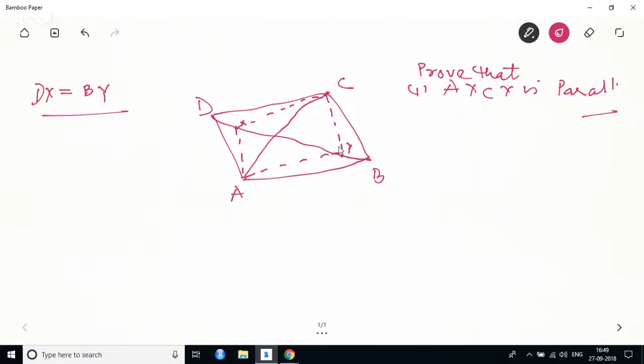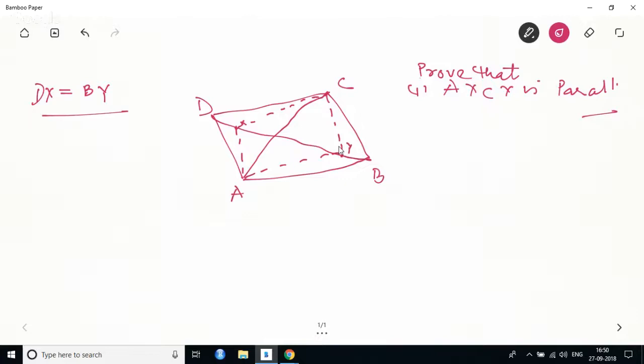The second thing we can prove is that XY, which is a diagonal, is making two congruent triangles. The first theorem that we discussed is that the diagonal of a parallelogram creates two congruent triangles on either side of the parallelogram. So you can do that also.